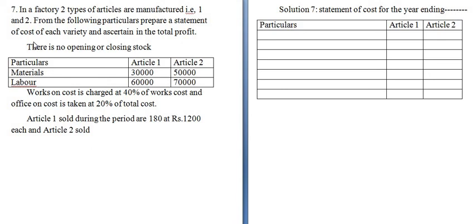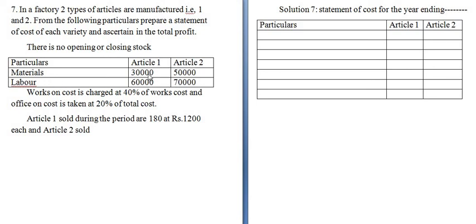In a factory, two types of articles are manufactured, that is 1 and 2. From the following particulars, prepare a statement of cost of each variety and ascertain the total profit. There is no opening or closing stock. Here they have given one chart, particulars, then article 1 and article 2.